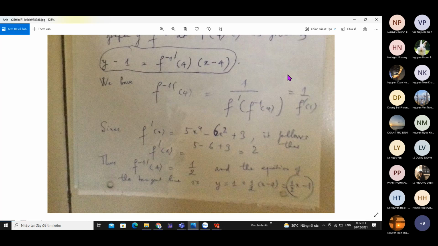So the derivative of f inverse at 4 gives you 1 over 2. And that's why you get the equation of the tangent line to the graph of f inverse at P: just y equals 1 over 2 times x minus 1. All clear, guys?